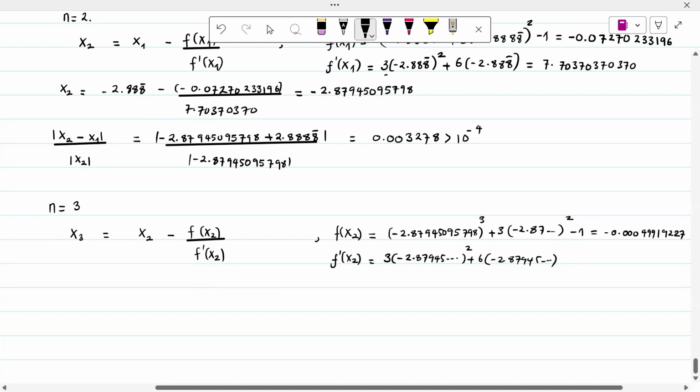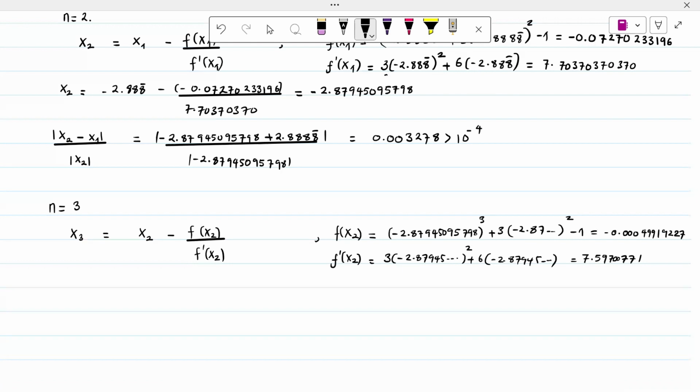Can finish the values there. So its derivative is giving me how much? I'm getting about 7.5, but you can also check this. Okay, 7.59700771036. So this is the derivative.